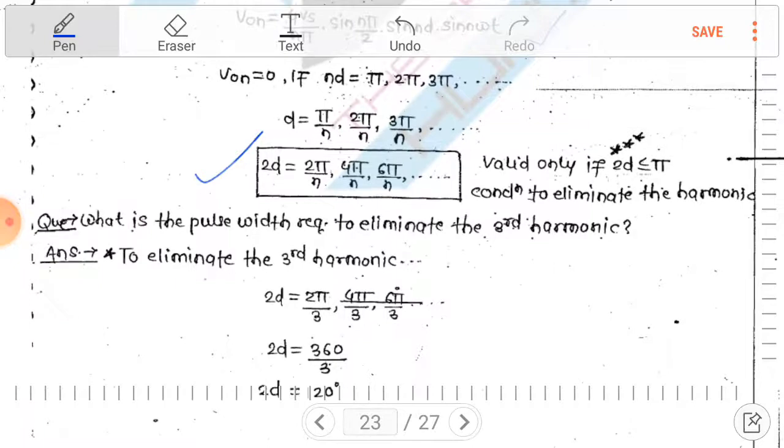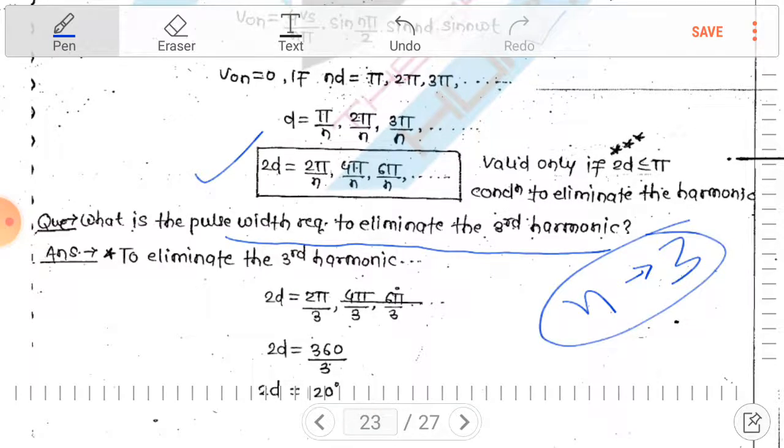See this problem. What is the pulse width required to eliminate the third harmonic? Here n represents the nth harmonic. To eliminate the third harmonic, we put n equal to 3. So 2D equals 2 pi by 3, 4 pi by 3 or 6 pi by 3.